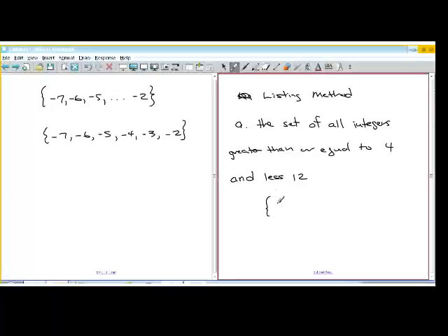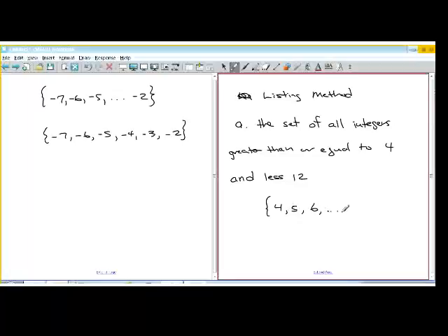So there's the word description, and what you're going to do is list it in the abbreviated version. You don't have to list everything if you don't need to, because I may give you something so long you wouldn't want to list everything. So it's greater than or equal to 4, so I do include 4. If it just said greater than, then it would start at 5.